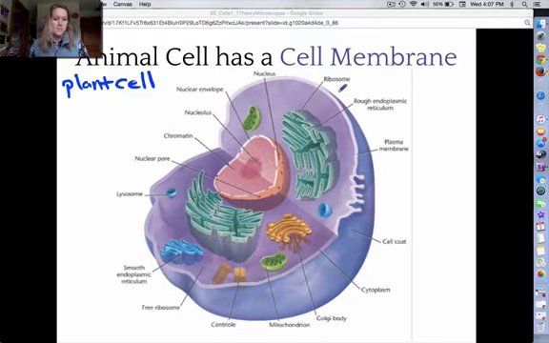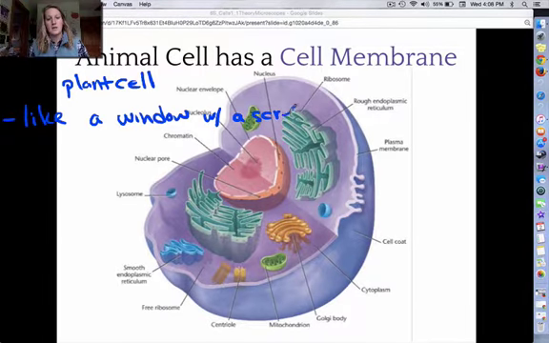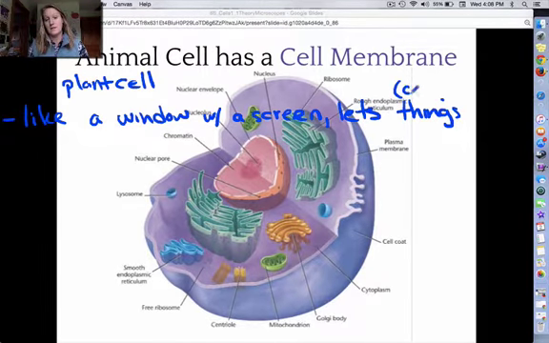Okay, and what the cell membrane is, you want to think of it as very much like a window. Okay, and I would say a screened window. So only certain things can get through that screen, okay? The screen lets things in, and the things here are going to be chemicals, really, slash compounds.